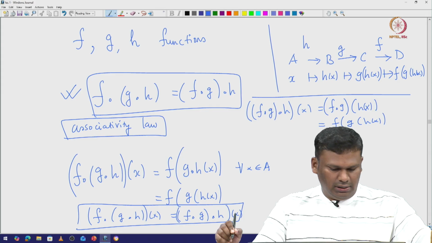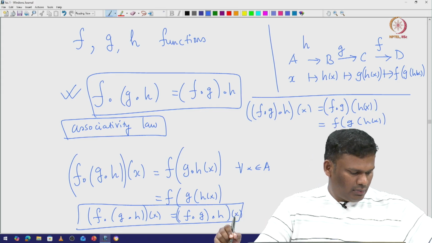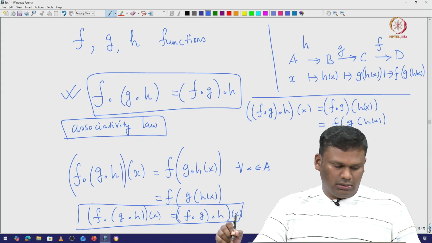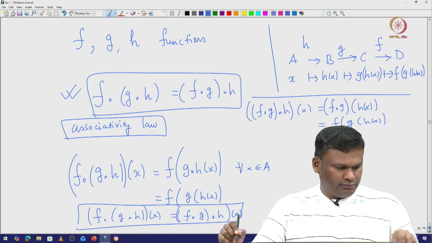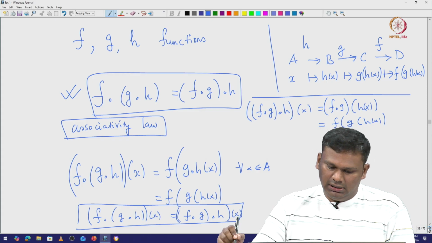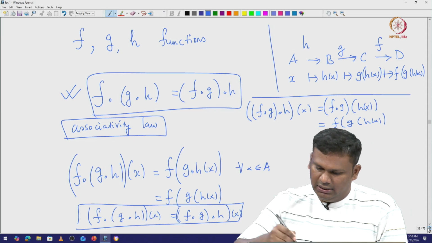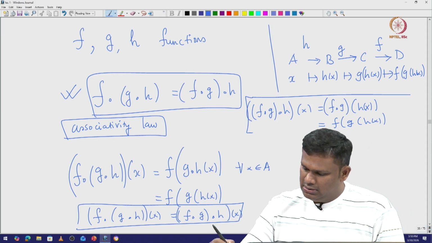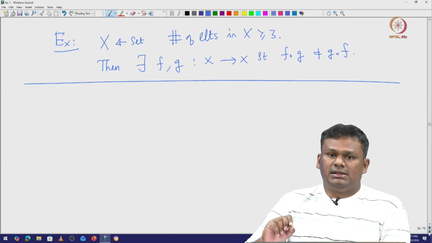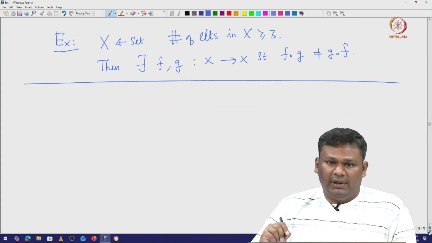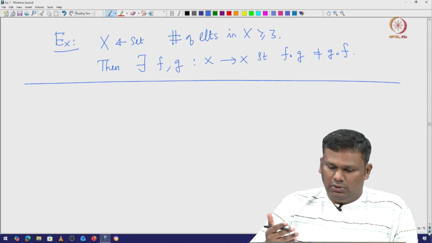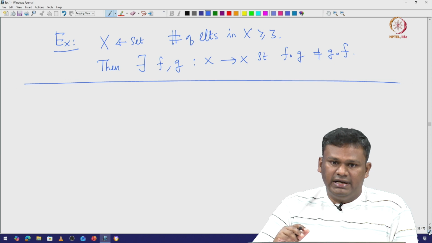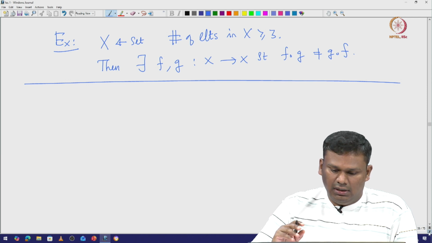Okay, so now let us look at some other interesting function that one can define on sets and their power sets. We have already seen that Russell's paradox talks about how one should be careful about defining sets.